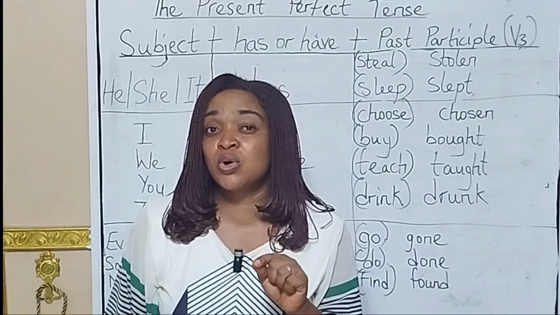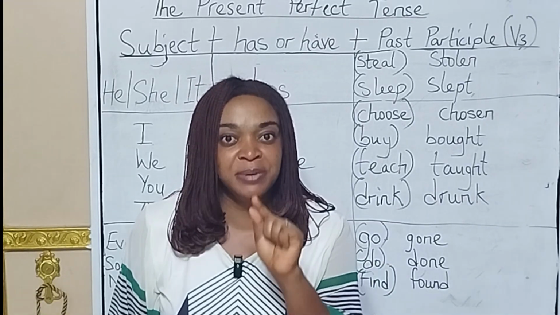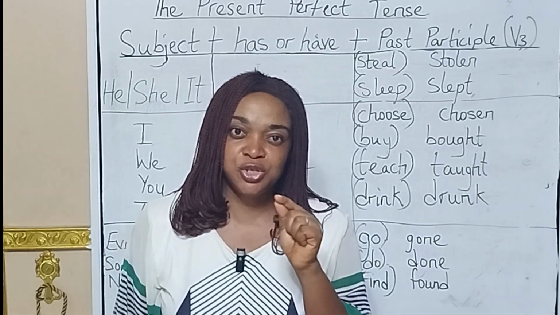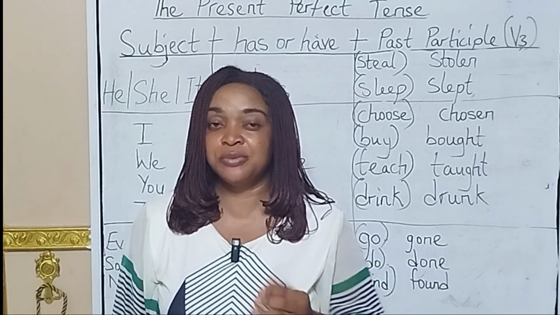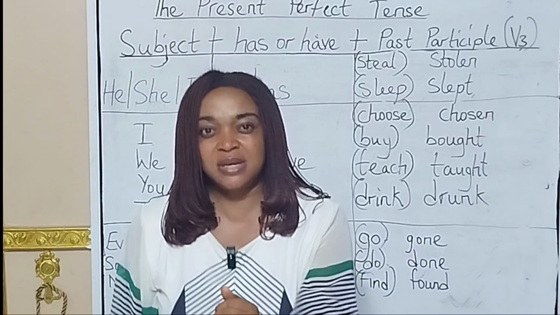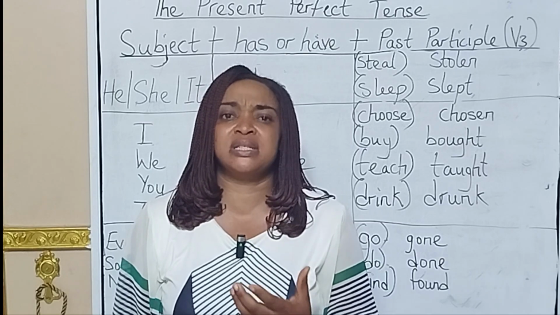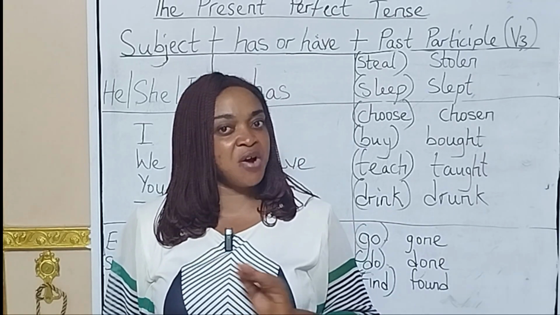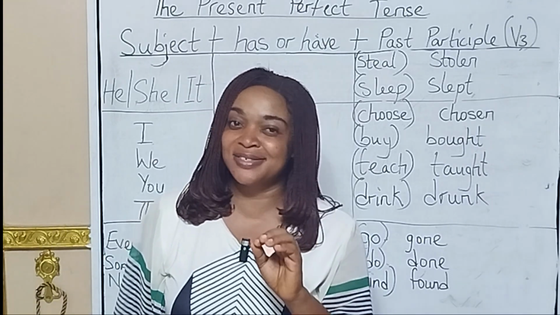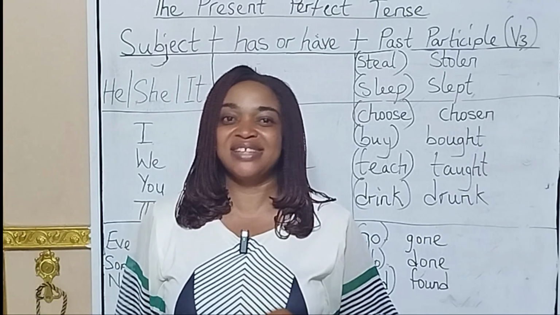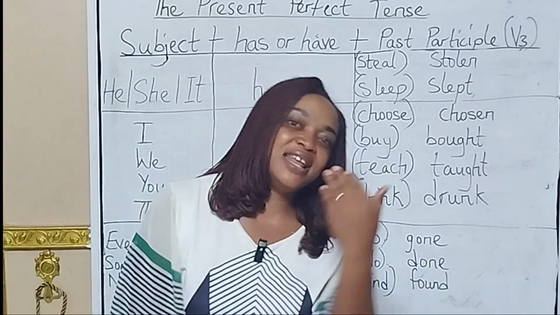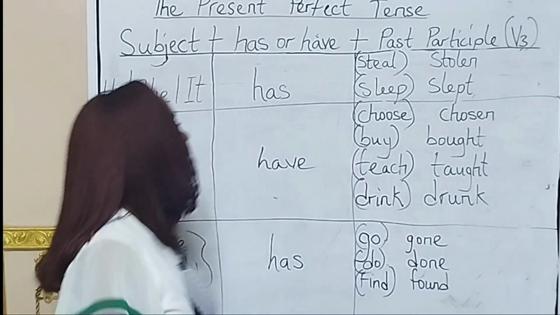Now, what is important in this kind of class is your ability to know when to use has and when to use have, which are auxiliary verbs, and your V3, the past participle. If you don't know your past participle very well, you'll find it very difficult, if not impossible, to attempt questions on the present perfect tense. But don't worry, I am here to solve that puzzle. Let's do this together. All right.